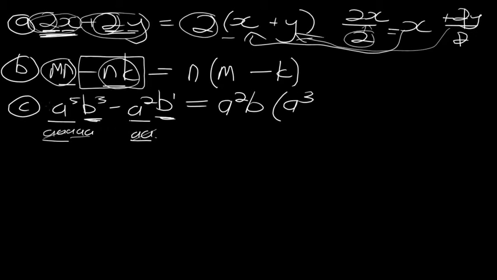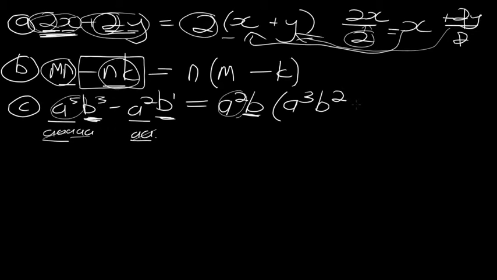Well, if we take a to the power 5 and you take out a squared from the first term, you're left with a to the power 3. And if you take out b from the first term, then you are left with b squared, because you've only divided 1 b into b to the power 3.